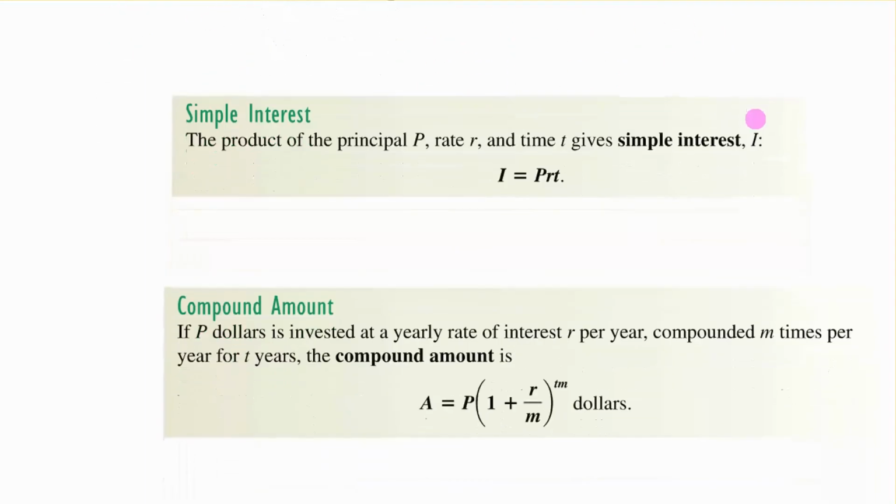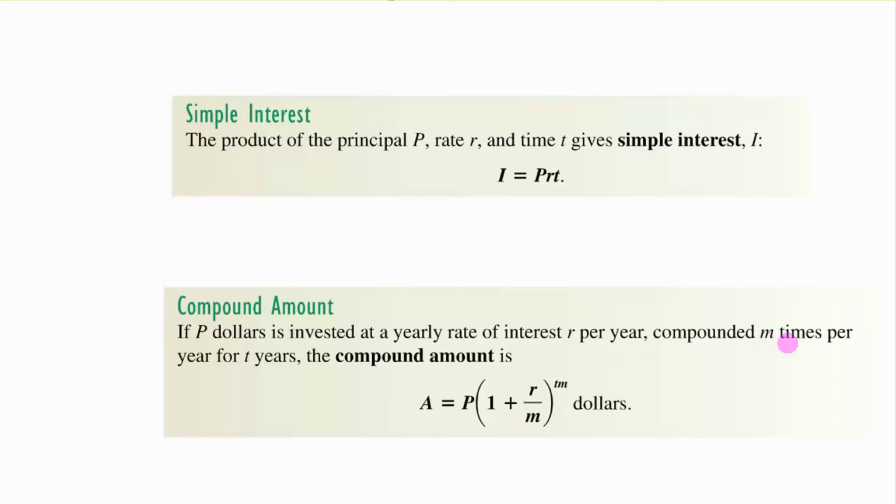We have some interest formulas here. Simple interest is the product of the principal times rate times time. So I equals PRT. We've probably used that before. Now we're going to talk about compound interest, and our formula looks like this: A equals P times (1 plus R over M) raised to the T times M. T is the time in years.